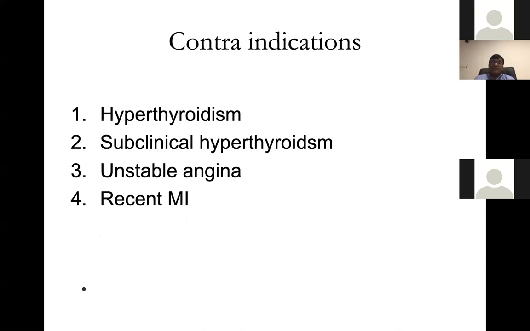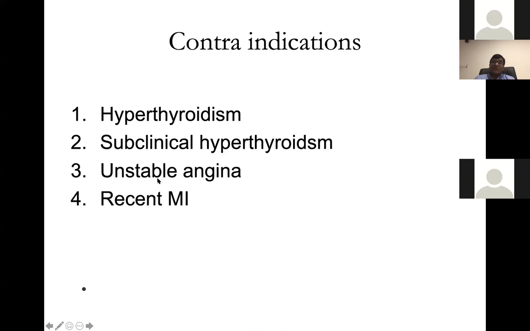I think we don't need to go too much into this, but it's obvious that you will not give thyroxine for hyperthyroidism or subclinical hyperthyroidism. You have to be very careful in situations like unstable angina and recent myocardial infarction.